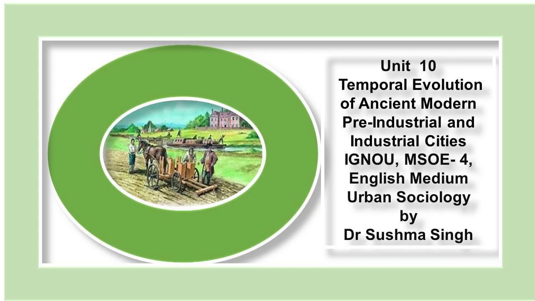The second is economic structure. The traditional city was primarily concerned with the religious, ceremonial, political, and administrative functions. It is characterized by an overly large tertiary or service sector.